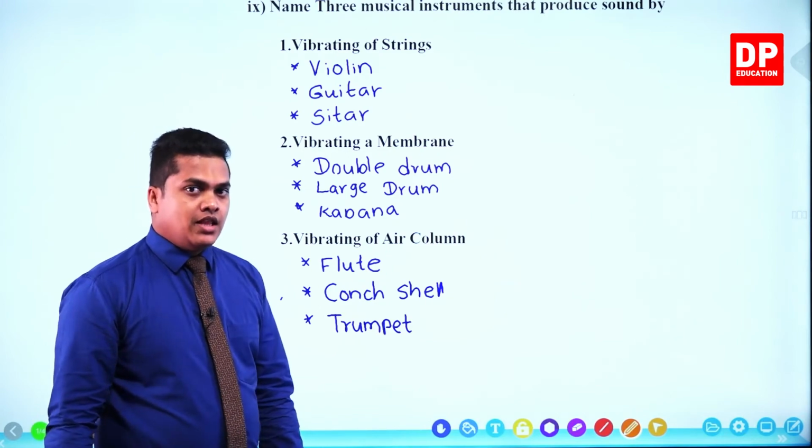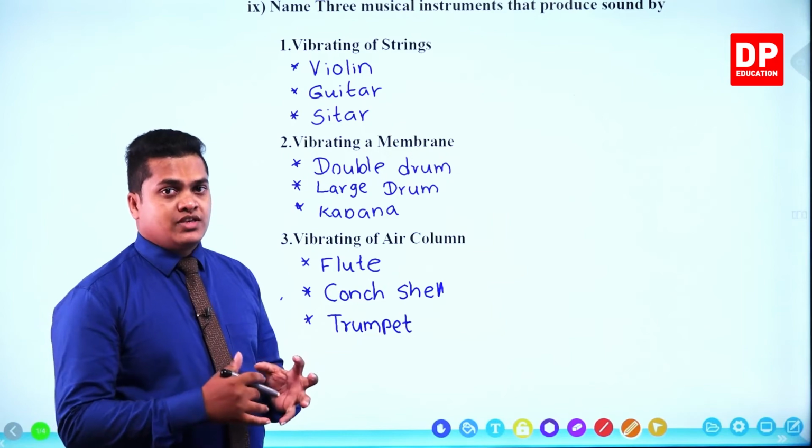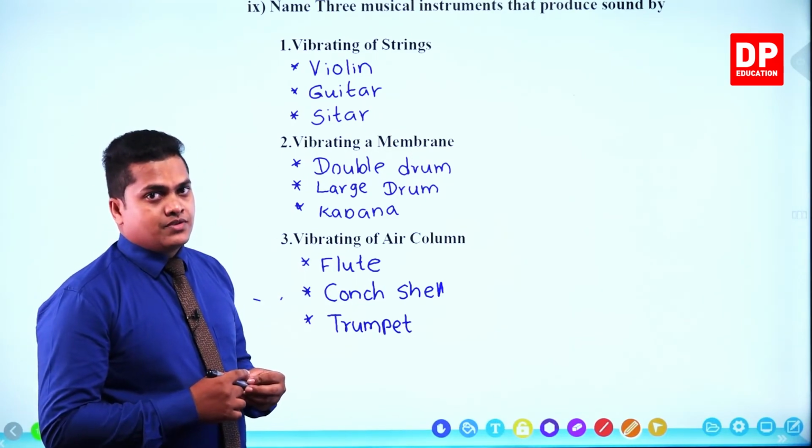Flute, conch shell and trumpet. So these are three musical instruments that produce sound by the vibration of air columns.